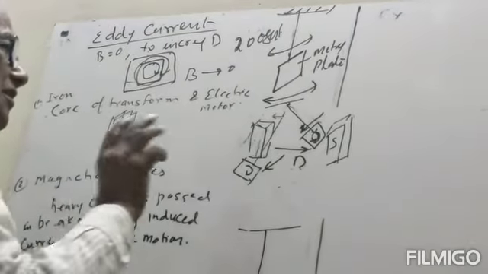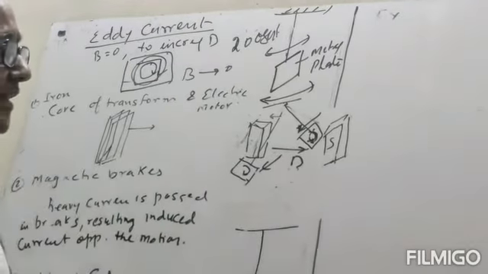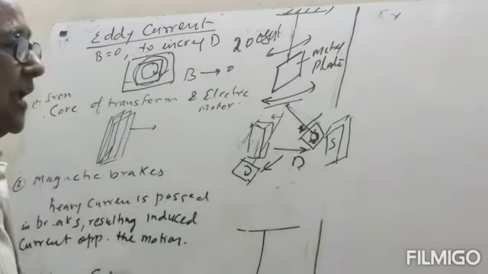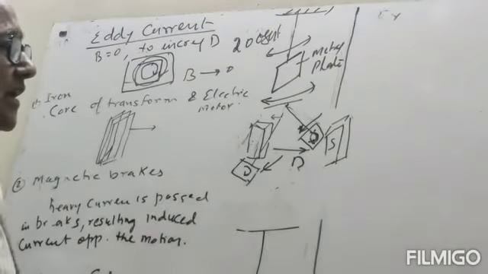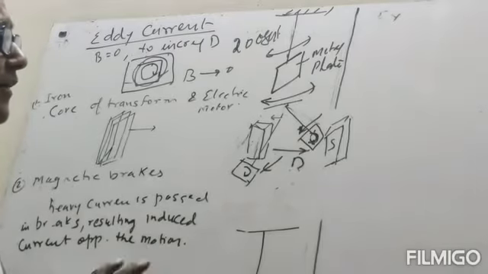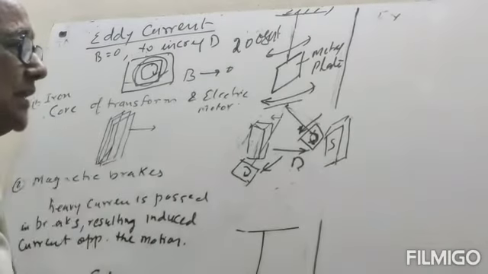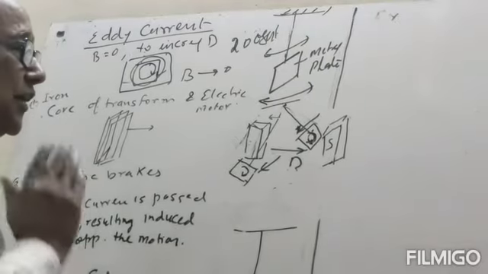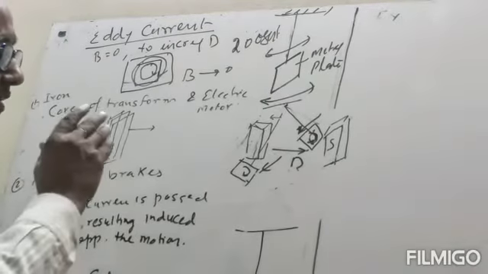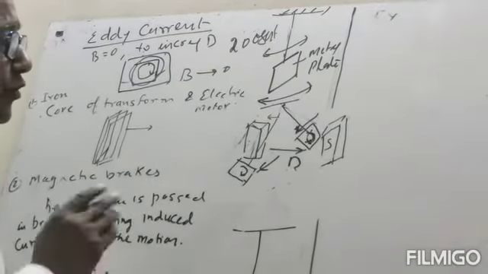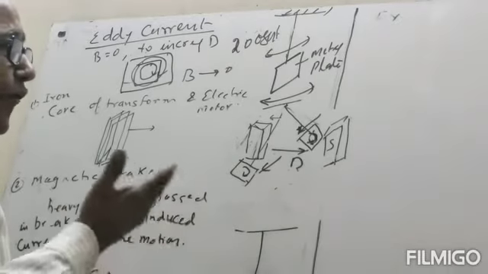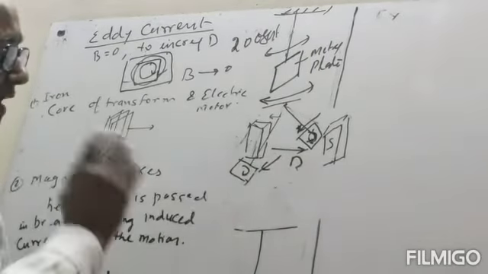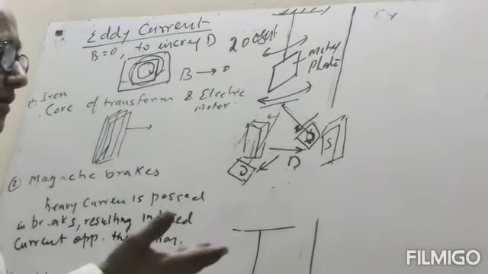So we can say that the metal plate oscillating between the magnet experiences a damping force, and that damping force is electromagnetic damping. It is due to the induced current produced by the change in the magnetic flux. From Faraday's law and Lenz's law, it will oppose the motion.